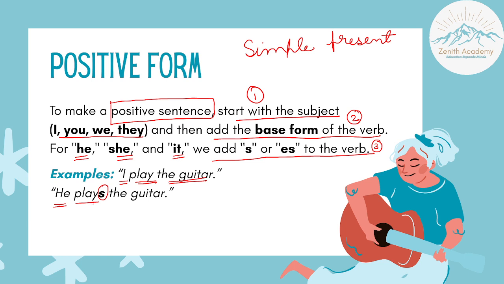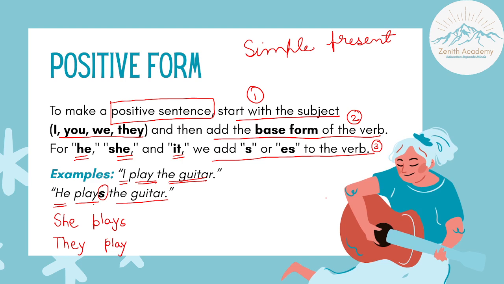So he plays the guitar. When I say she, then she plays the guitar. Right? When I say they, then they will only play, and no addition of s. They play the guitar. I hope this is clear.